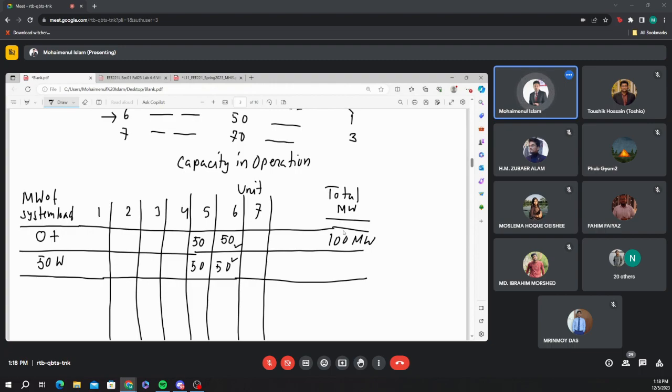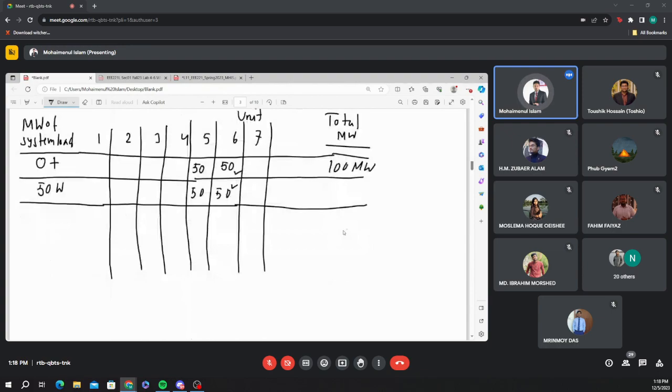But what if it reaches 50 plus, 60, 70, 80? What will happen then? 50 plus is a worrying thing for you. You need to turn on another. You need to start the process for another generator, because it will rise within a very short time up to 100 megawatt. So you need another plant.